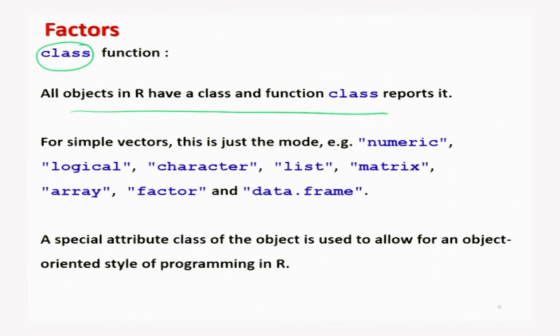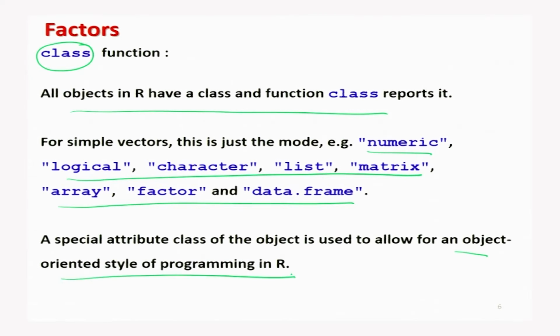We have different classes such as numeric, logical, character, list, matrix, array, factor and data frame, right. These class objects are used essentially in object oriented programming in R.